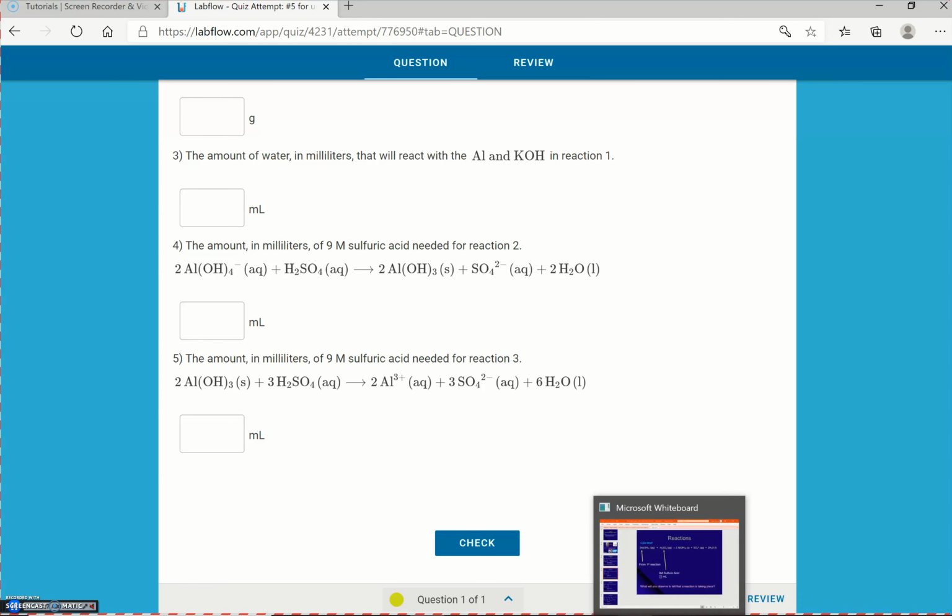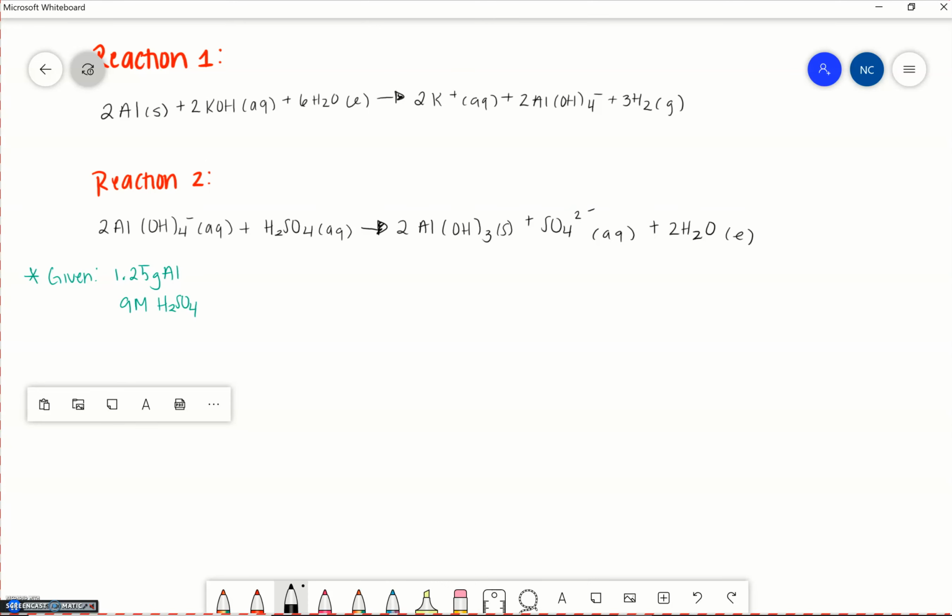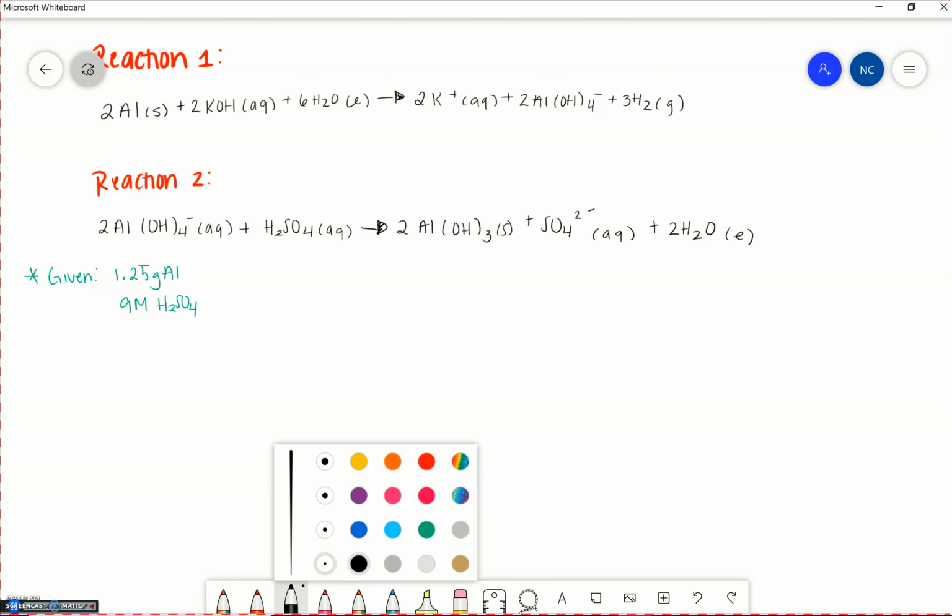So again, we are going to be using stoichiometry. And the only information given is the 1.25 grams of the solid aluminum and 9 molar sulfuric acid. So the first thing we're going to do is start with the 1.25 grams of aluminum using stoichiometry.